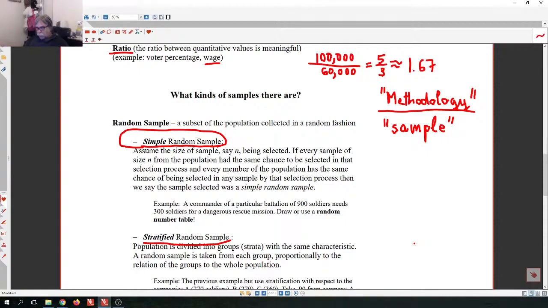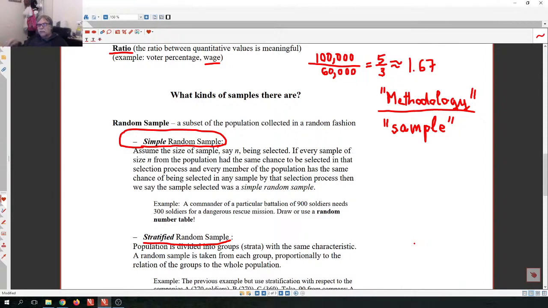So again, let me repeat this. A simple random sample has the following properties. Every single item in the population has the same chance to be in your sample as any other. Any two have the same chance to be in your sample as any other two. And on you go, up to whatever the size is.